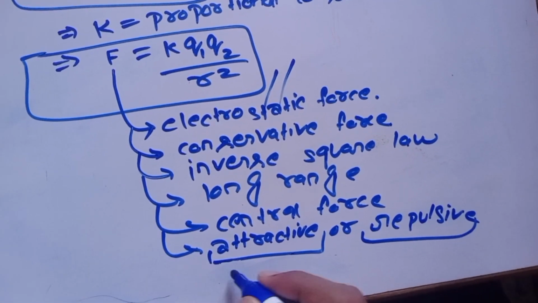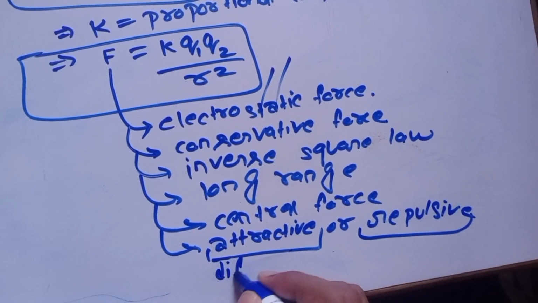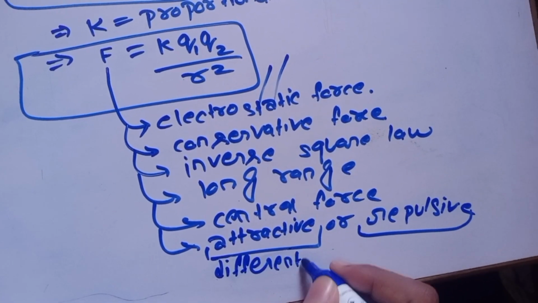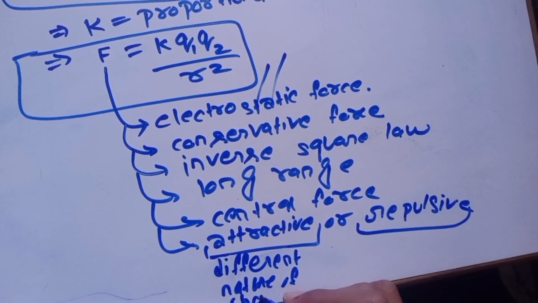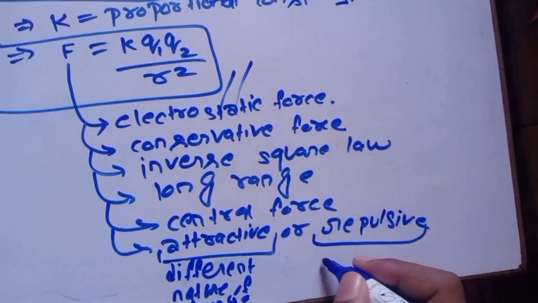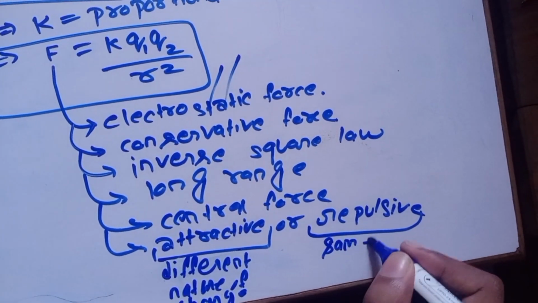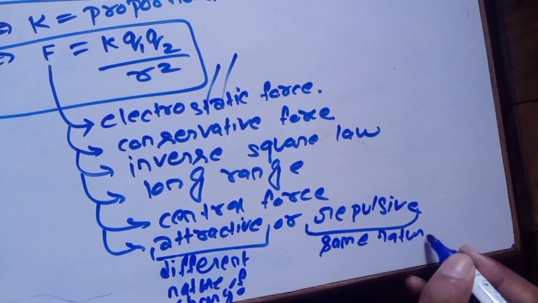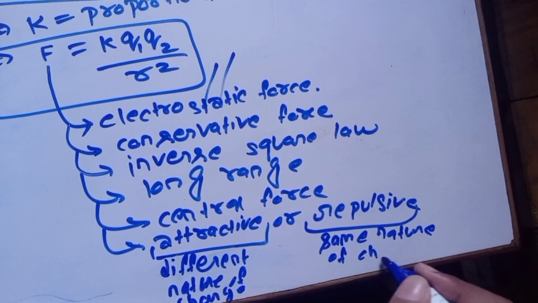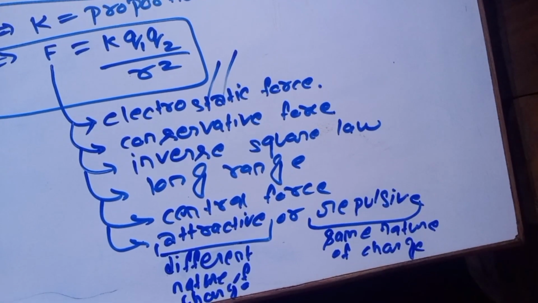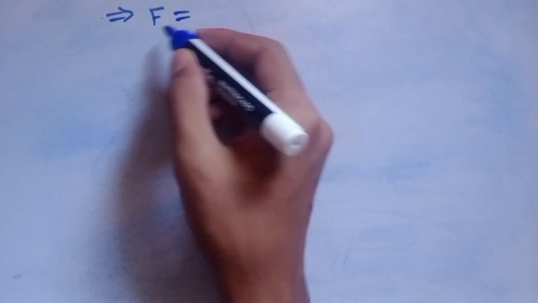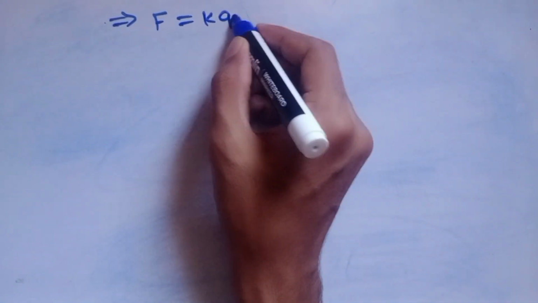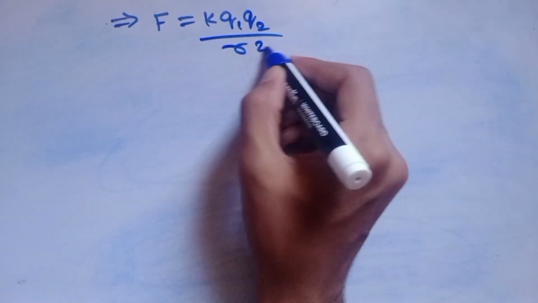Attractive is when the nature of charge is different, and repulsive is when the nature of charge is the same. And the electrostatic force is K Q1 Q2 divided by R square.